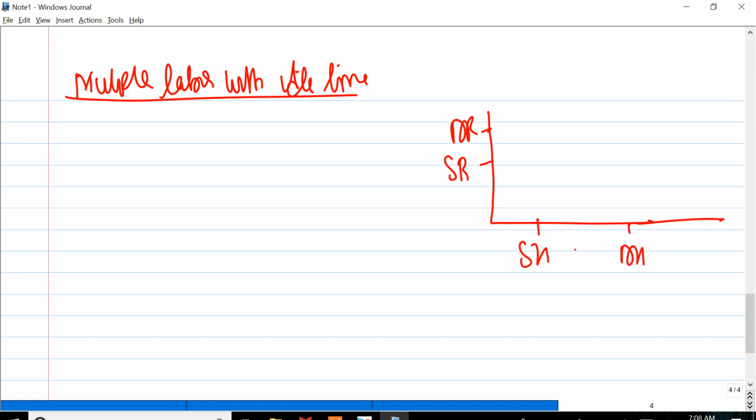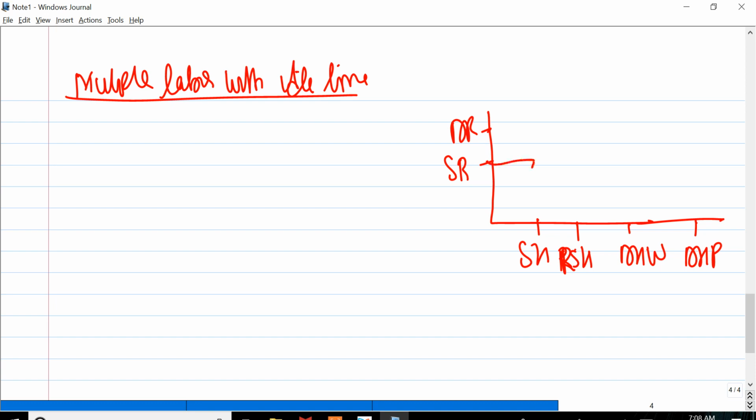This is the normal formula. Because it is multiple labor, you will have RSH in between. Because it is idle time, AH will become AHW and AHP.